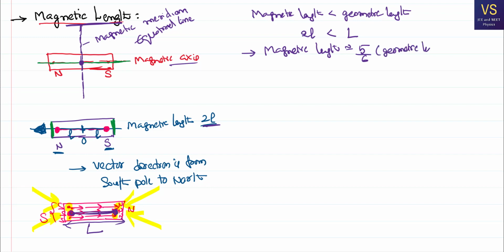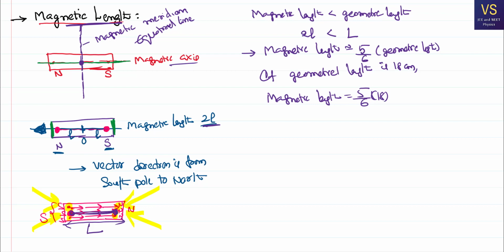What does 5/6 of the geometrical length mean? If the geometrical length of a magnet measured with a scale is 18 centimeter, then its magnetic length is 5/6 of 18. That is 6 threes, that is 15 centimeter. It is a little less because the poles are a little inside. This is about the magnetic length. So be careful that magnetic length is a vector which is a little less than the geometrical length.